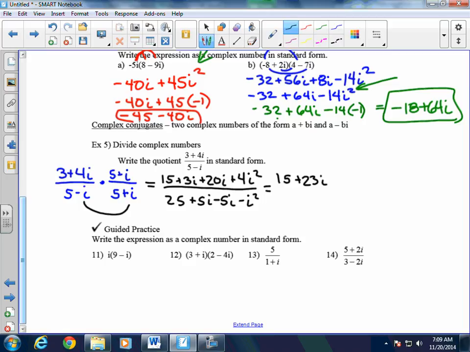Now remember, I'm going to replace that i squared with a negative 1. We're going to do the same thing in the bottom. I have 25. Well, and see, notice here, the 5i and the negative 5i, they cancel out. They're gone. And now I have a minus negative 1.